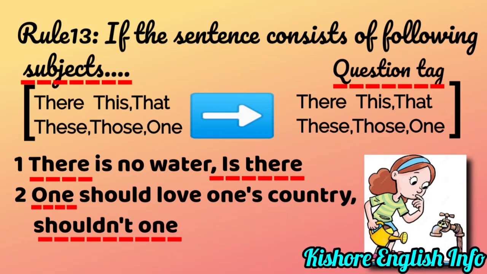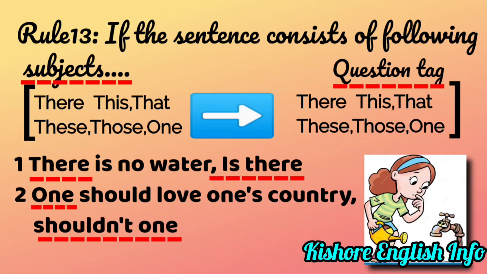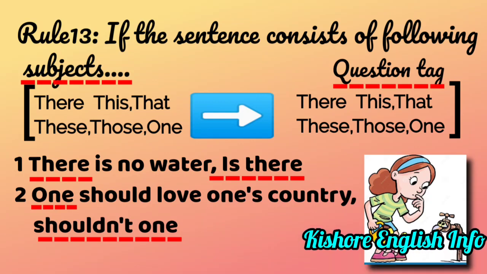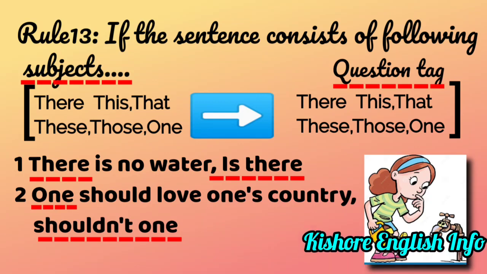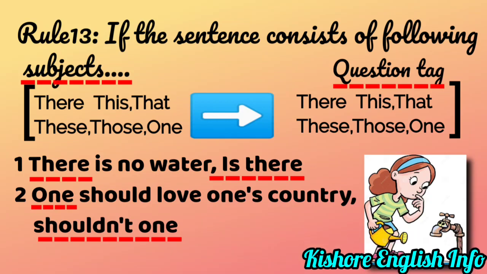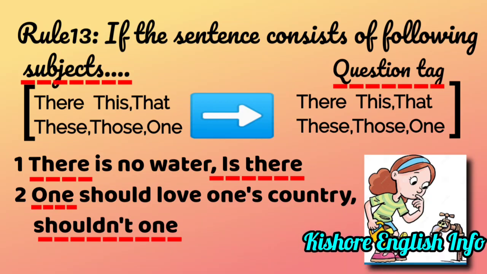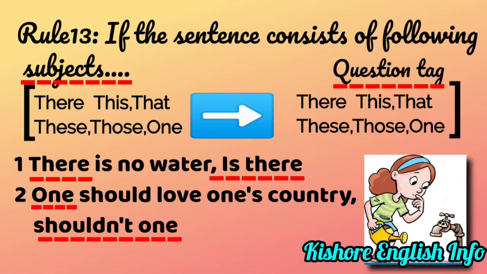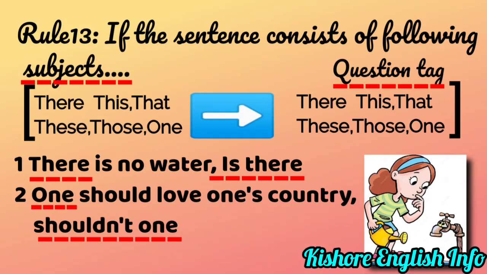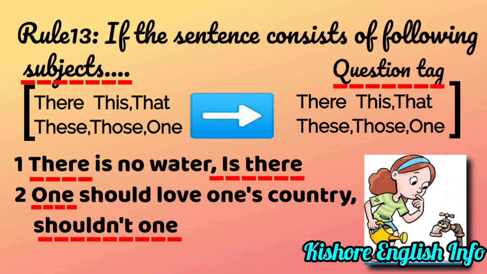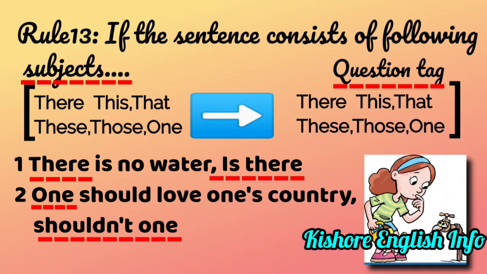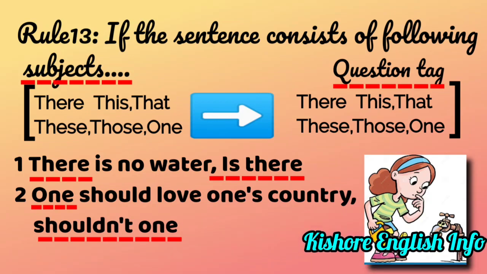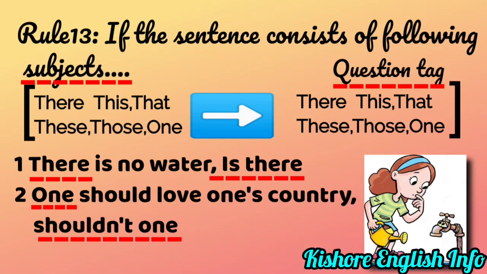Rule number 13. If the sentence has the following subjects, we use them as they are in the question tag. If the sentence begins with there, we use there in the question tag. This as this, that as that, these, those, one also the same, because they are pronouns and we replace them with the same pronoun.